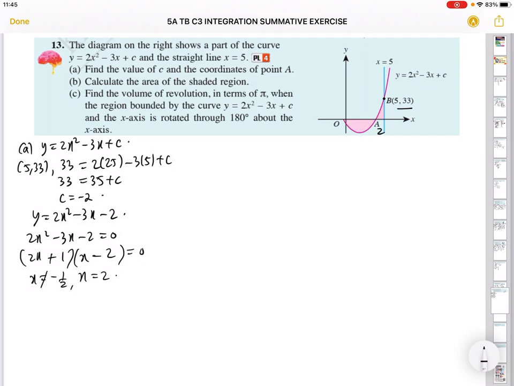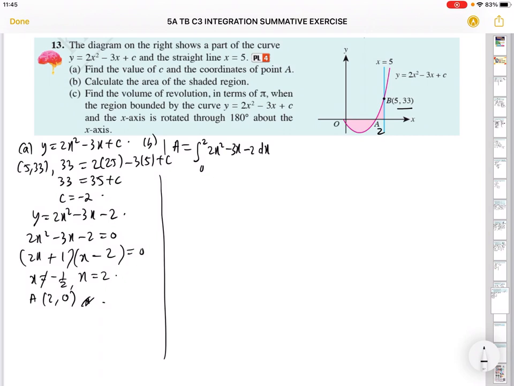Alright. I think I need to reserve some space for area and volume. It's quite long on this question. Part B. How do you calculate the area of the shaded region? We have to break it up into two parts. The first part is 0 to 2. The curve is 2x squared minus 3x minus 2 dx. This part is below the x-axis, right? Below the x-axis, your y value is negative. So when you integrate, it's going to be negative.